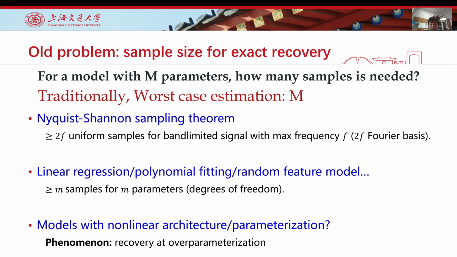But for a nonlinear model such as a neural network, we found that this doesn't hold, because we seem to be able to recover in an over-parameterization case. Even when the number of samples is much smaller than the number of parameters, we still have a chance to recover this target function or get very small generalization error.